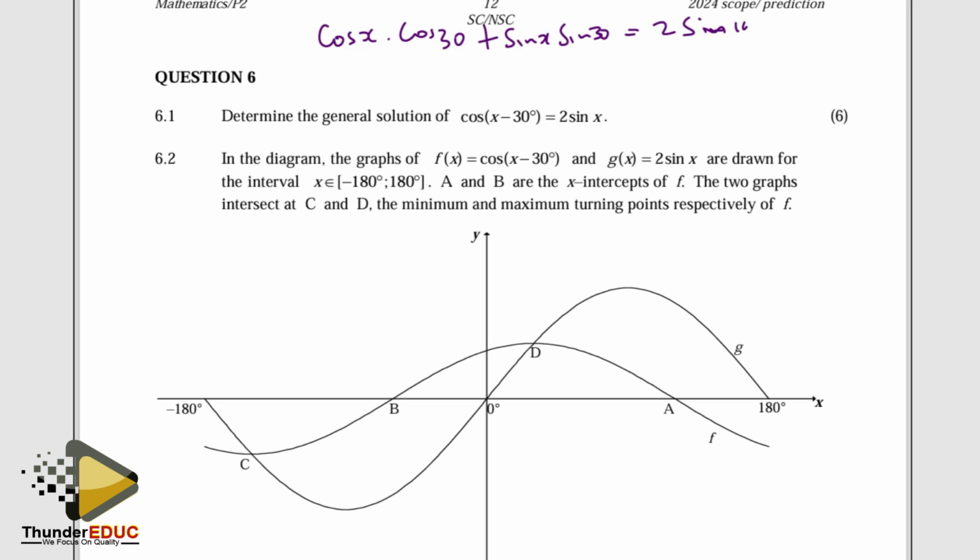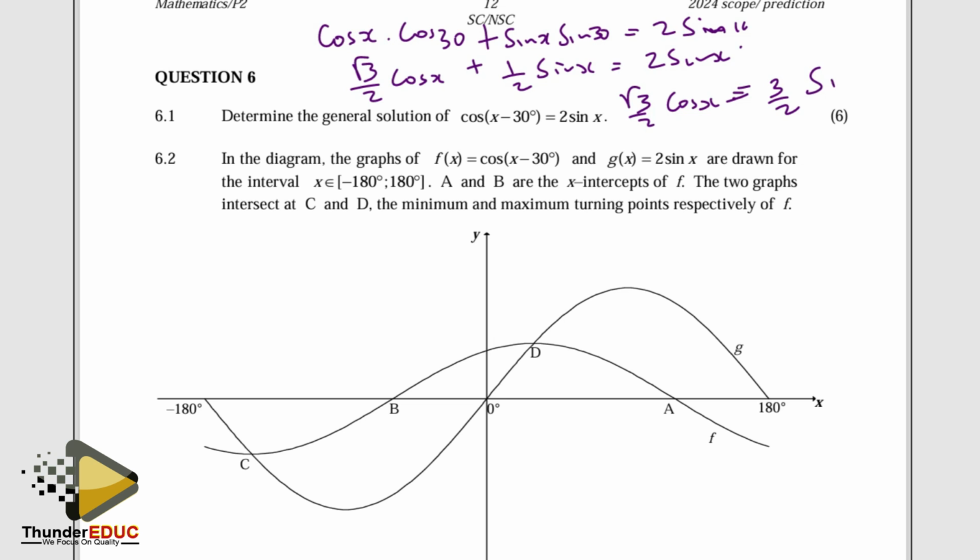So we know that the cos of 30 is root 3 over 2. Okay, and then the sine 30 is a half. This must give us 2 sine x. Move this, you subtract. So root 3 over 2 cos x is going to give me 3 over 2, because it's 2 minus a half, this is 1.5. That's sine x.